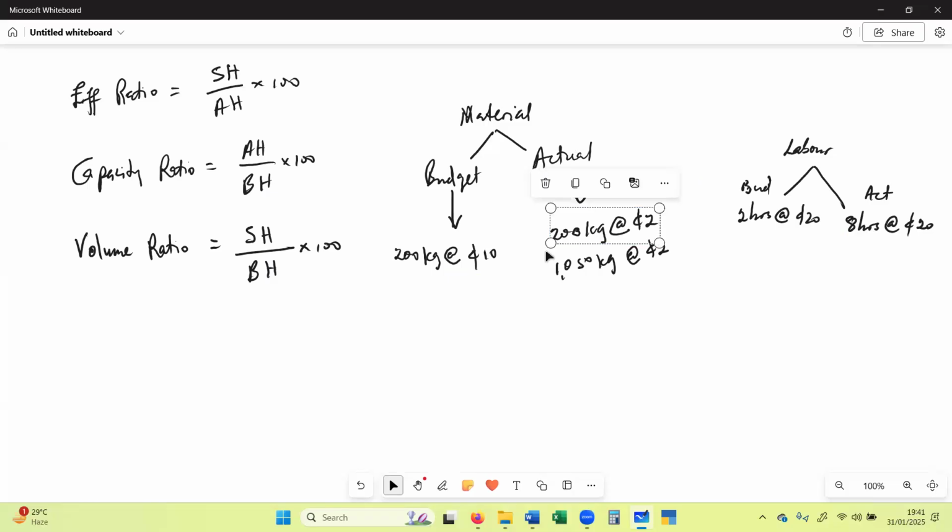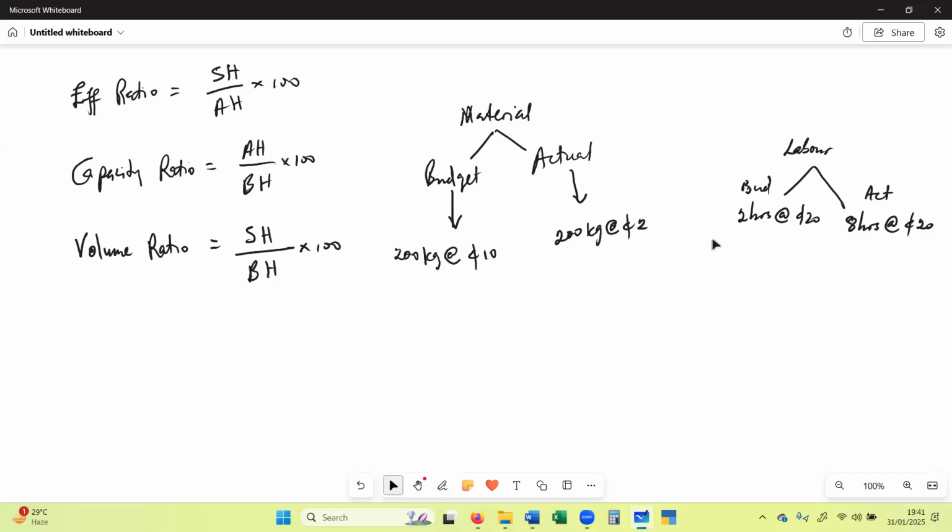So even here, we don't need to increase the quantity. We can even assume that when you went to the market, you realize that you can use the same 200 kg, but you are going to get it at 2 cedis. You are in business. You plan to buy 200 kg of some material at 10 cedis. And you went to the market and realized that the same 200 kg, you were able to buy at 2 cedis.